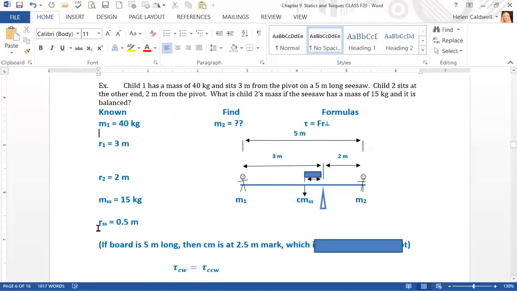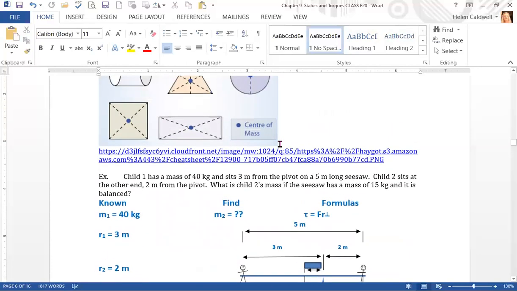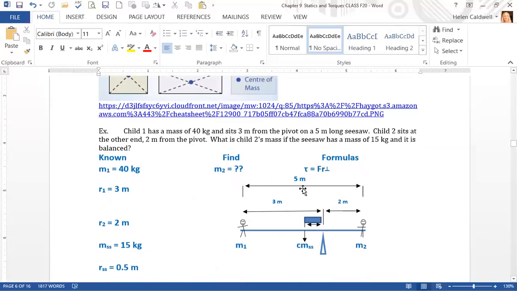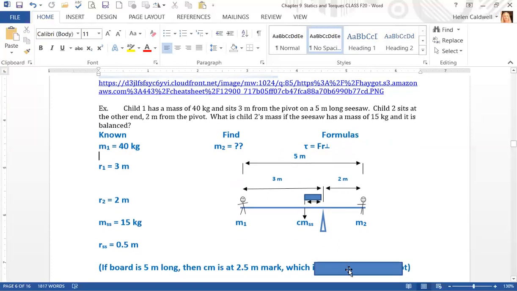We need to talk about the board itself. It is a 15 kilogram board. It is 5 meters long. The center of mass for the board, remember, for a uniform object, it would be at the middle. So for the board, it's going to be at the middle. The middle of a 5 meter board is the 2.5 meter mark.